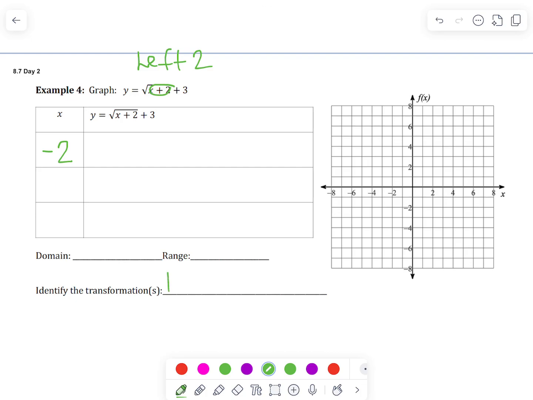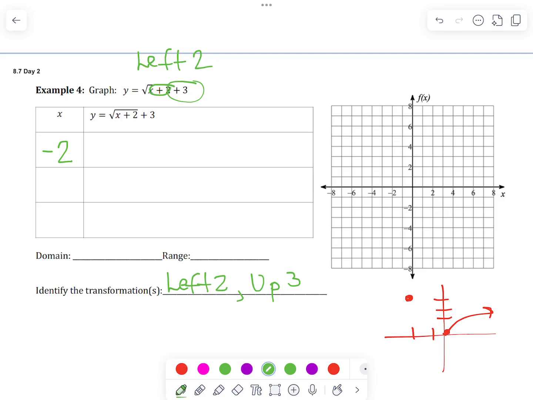So our first transformation is left 2 and then up 3. So in our original parent, we would be at 0, 0. Now we're going to be moving left 2 and up 3. So our first point is going to be right there.